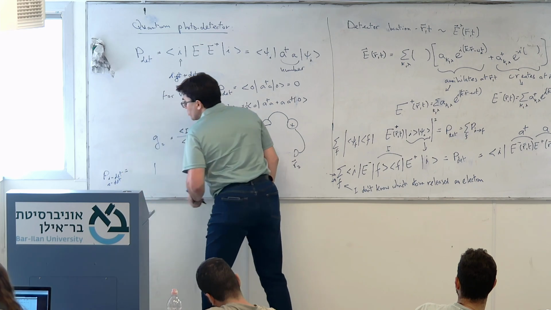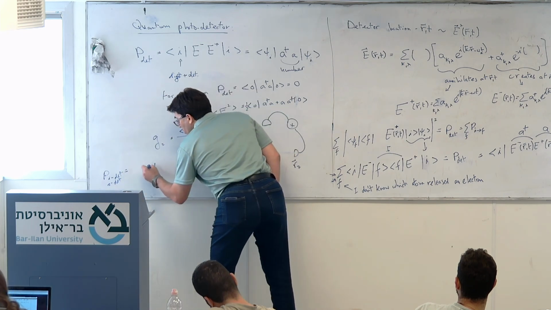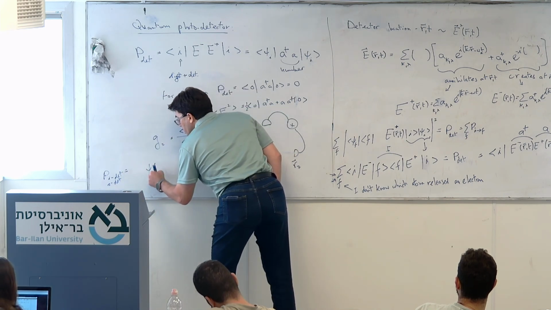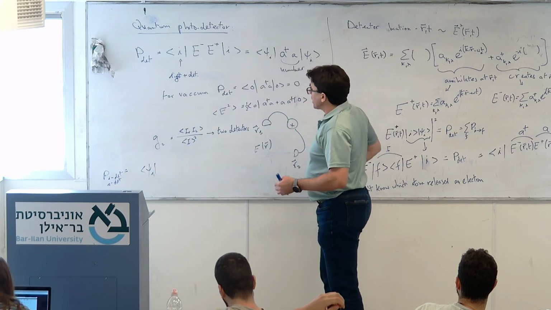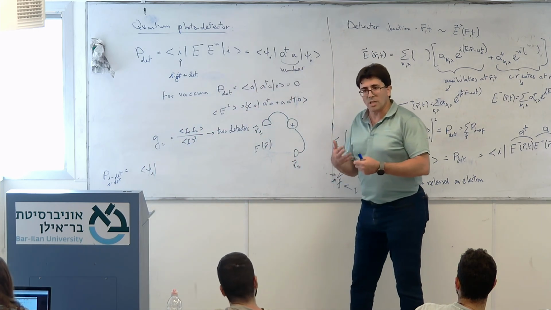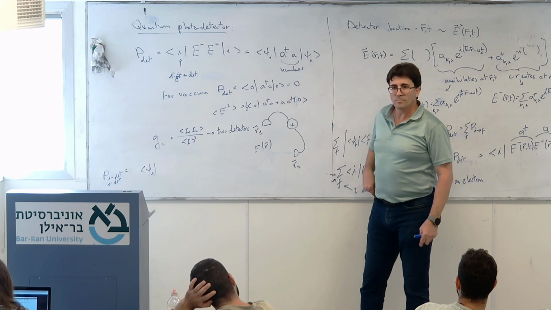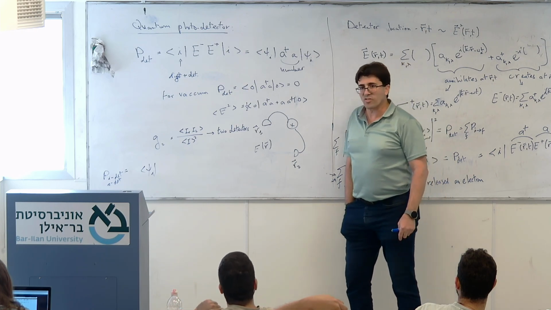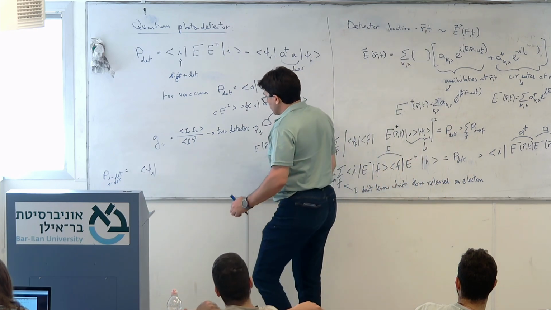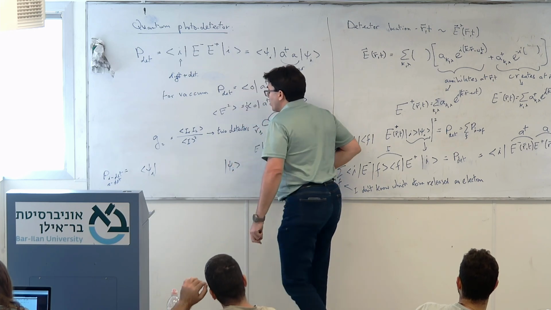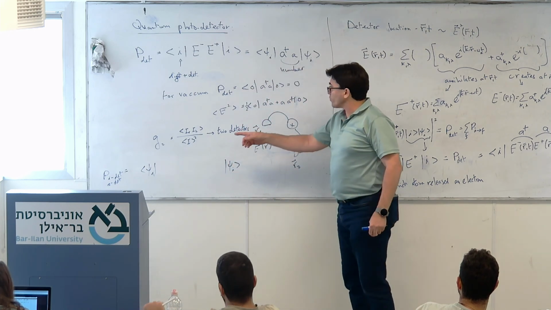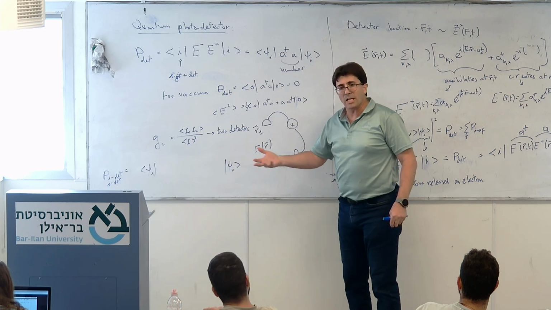What is that? Well, I don't know. Tell me what the state of the light was. And then each one of them does its thing. What is its thing? If both of them detected, then both of them annihilated the photon.